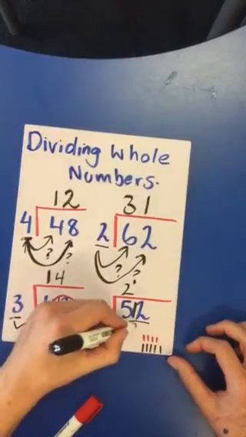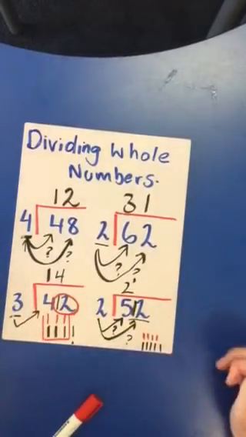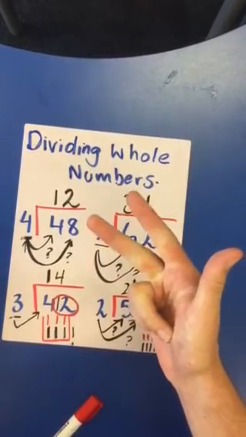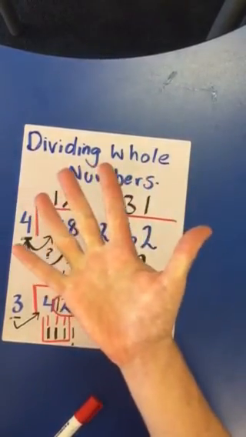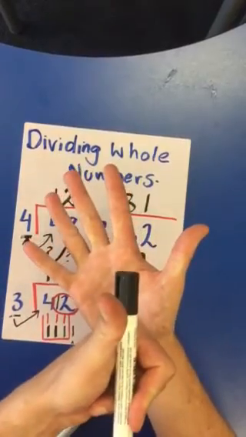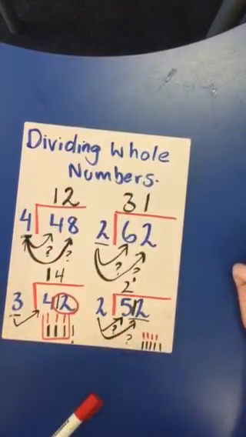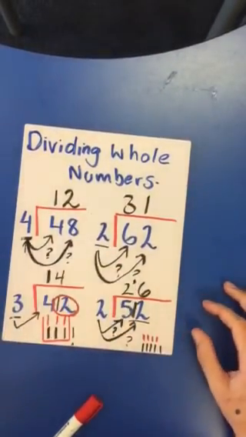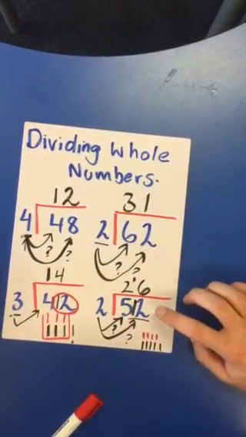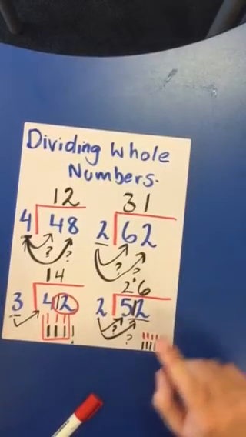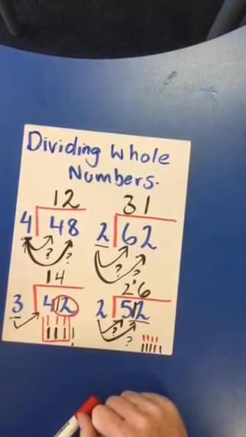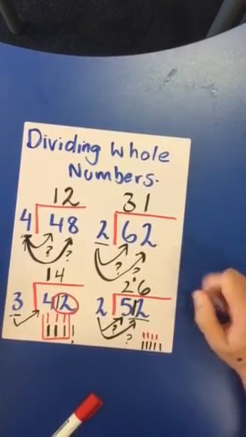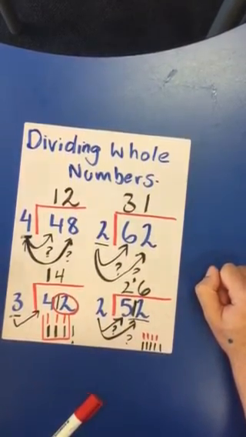So the next question is, how many times does 2 fit into 12? 2, 4, 6, 8, 10. 2 5s are 10, plus 1 is 12. 2 6s are 12. So we had 52 plates of food. We had two groups. We had the uppers and we had the lowers. And it meant that each group got 26 plates of food for their lunch.